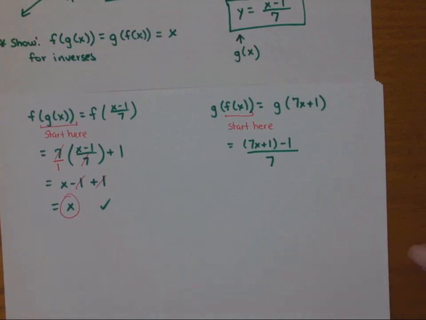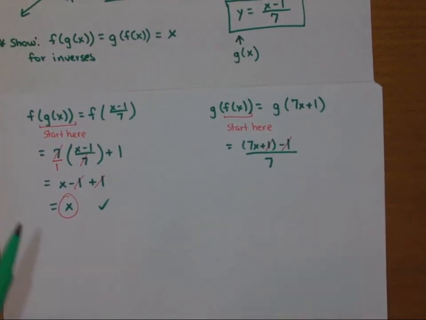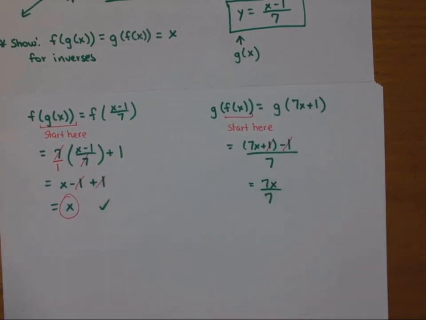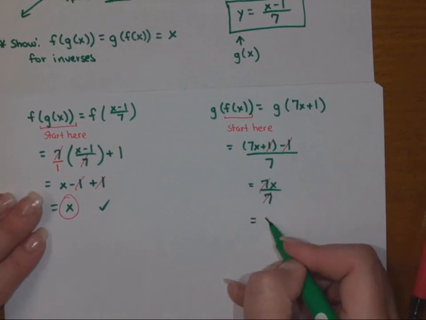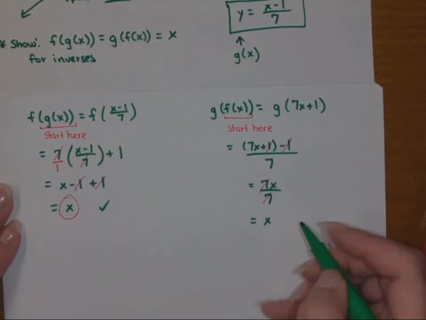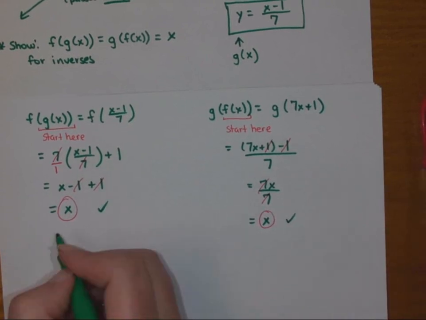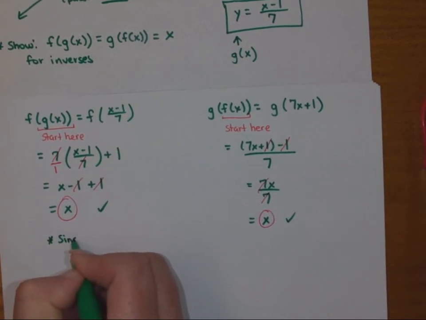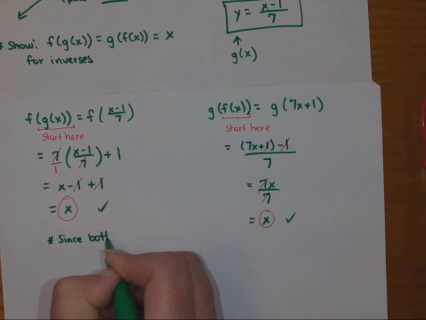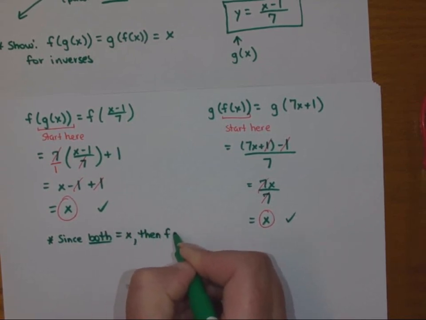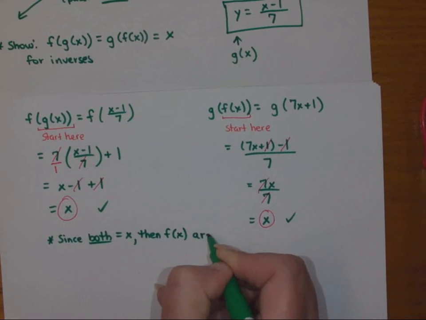And then let's see what happens. This time the 1's go away first, leaving 7x over 7, and then the 7's go away, leaving only x, which is what we wanted to happen. So here is the conclusion. Since they are both equal to x, then f and g are in fact inverses.